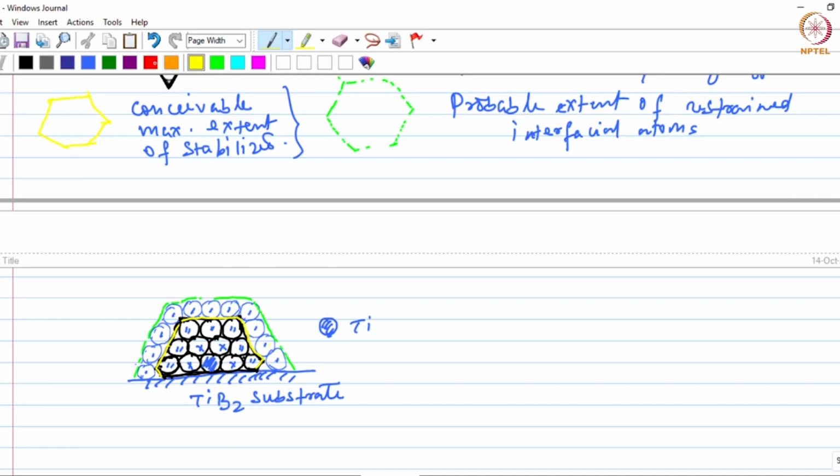So up to certain layers in the liquid metal, these atoms are fixed in place due to the segregation of titanium to this interface, and this takes up the form of a pseudo crystal having a structure which is very close to the solid aluminium.